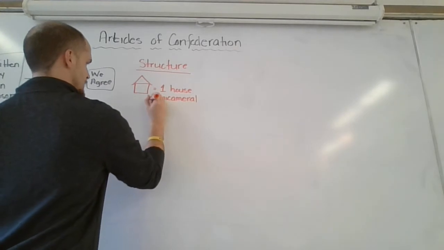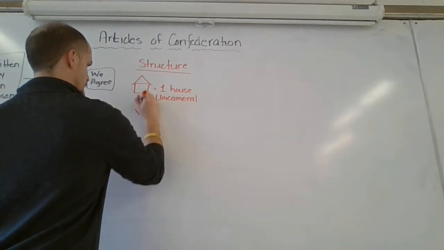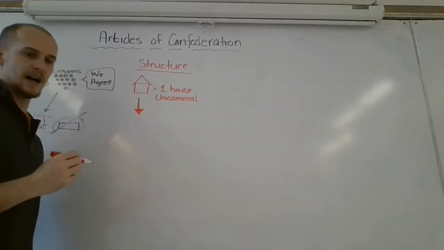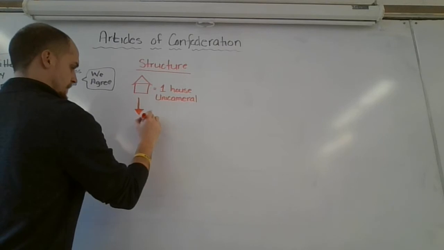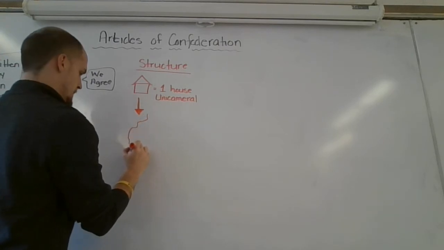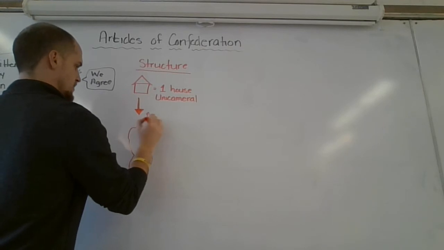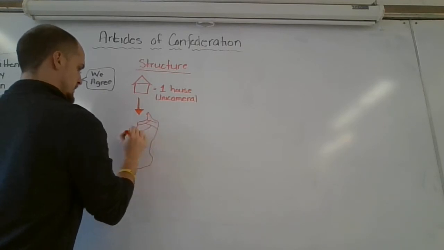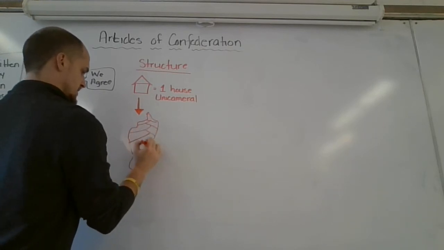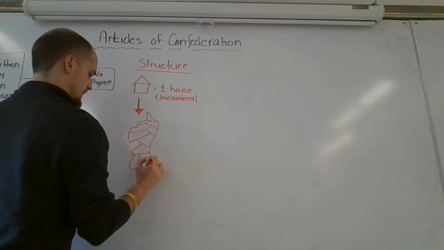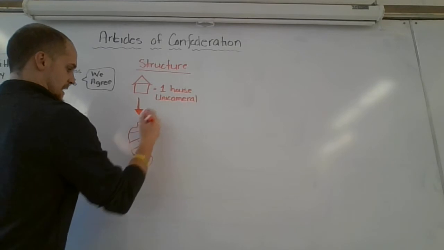And in this one house system, the 13 colonies are split up. That was very poorly drawn, but you get the point. 1, 2, 3, 4, 5, 6, 7, 8, 9, 10, 11, 12, 13. 13 colonies, right?